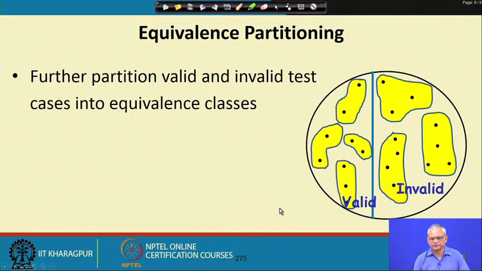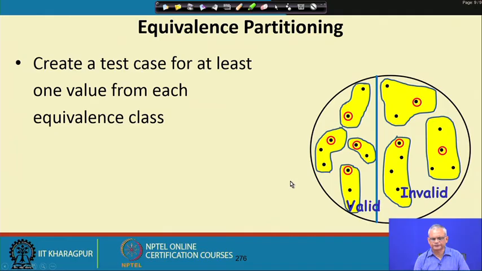We have just represented that here: once we identify the valid and invalid equivalence classes, we can identify multiple valid equivalence classes and multiple invalid equivalence classes. And once we do that, we can pick any value from each of these, and that will form our test cases.